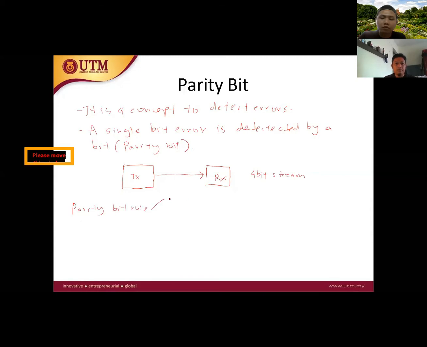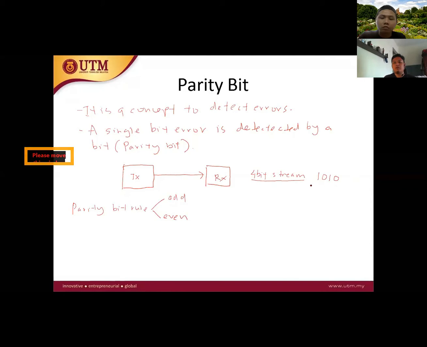They are odd and also even. Even parity bit rules. Let's say for example we send a 4-bit stream, 1 0 1 0.